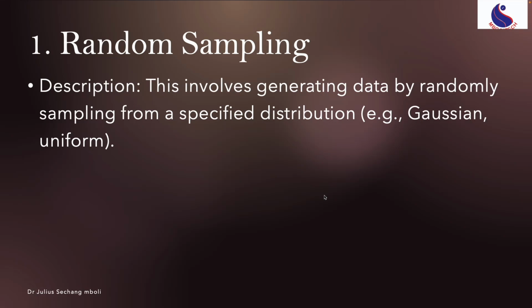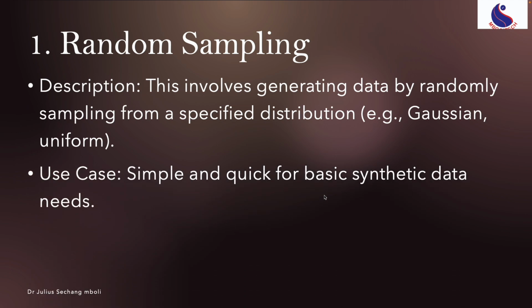You can use a Gaussian or uniform model or any other similar model that you want. Like I said, I want to be brief. The video will be too long if I go into details and examples here. But in upcoming videos, I will implement some of this in Python so that you can take and use. Now, the use case here is that it can be used for any simple and quick project, like for basic synthetic data needs.